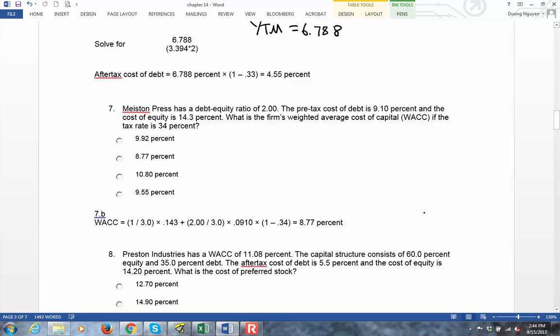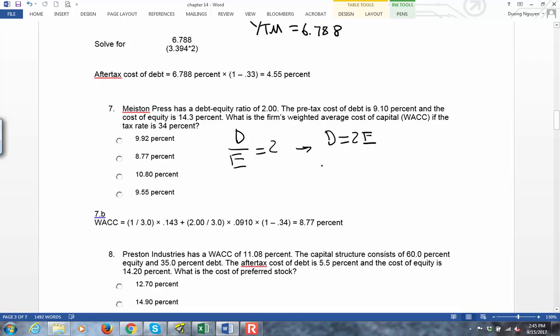Now, if the debt equity ratio is equal to 2, so obviously debt would be 2 times equity.